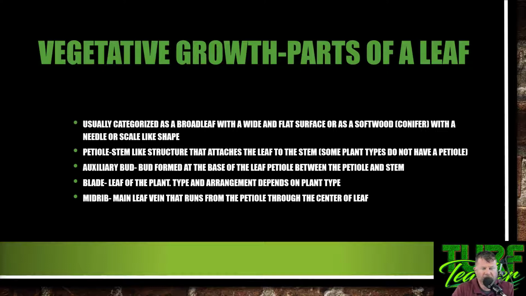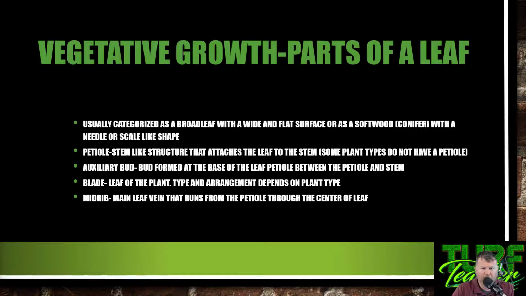The petiole is the stem-like structure that attaches the leaf to the stem. Some plant types do not have a petiole. With your axillary bud, this is the bud formed at the base of the leaf petiole, between the petiole and the stem. And guys, we're going to have a picture in the next slide that shows a lot of this. Then there's the blade, which is the leaf of the plant.